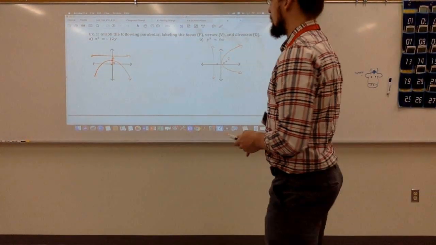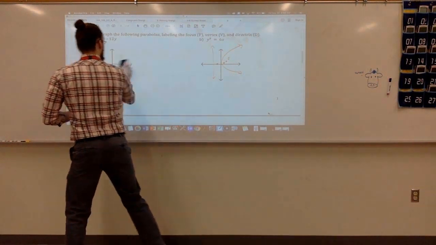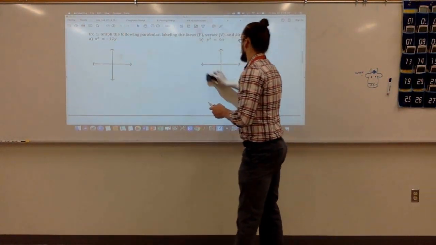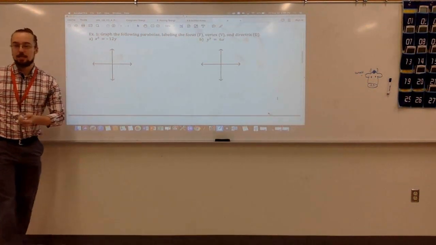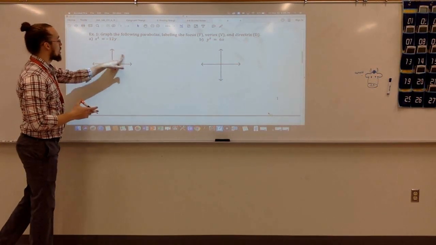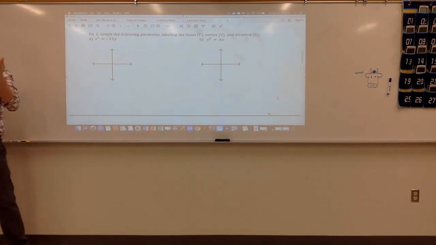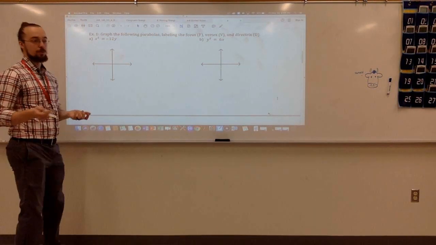So, if I'm given these equations, we want to graph our parabola with the correct focus, vertex, and directrix. We said up at the top that for all of these examples, the vertex is at (0, 0).